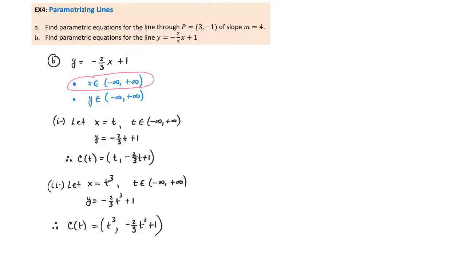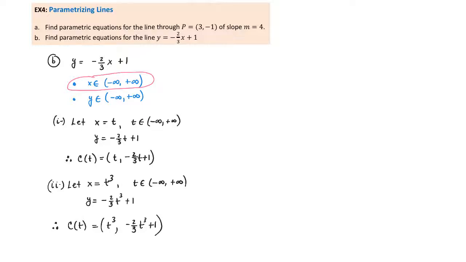This is another example that parameterizations are not unique. You don't have just one single way to parameterize a curve. You can parameterize it in infinitely many ways. The only thing that may differ with each parameterization is the direction of motion, right?